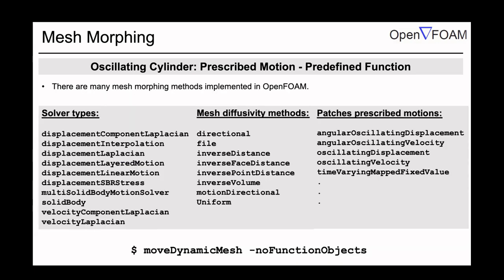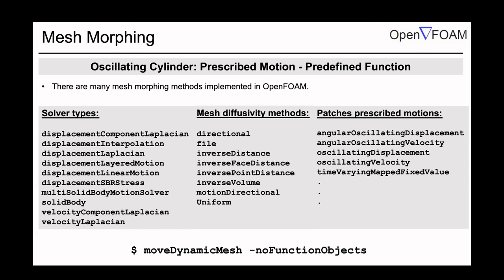If I show you some animation, it will be clearer. But these are all the different available functions in OpenFOAM for different mesh motion solvers, mesh diffusivity methods, and different types of inbuilt functional motion. All right, so you can play with it. You can also check your mesh motion even without solving the flow equations.